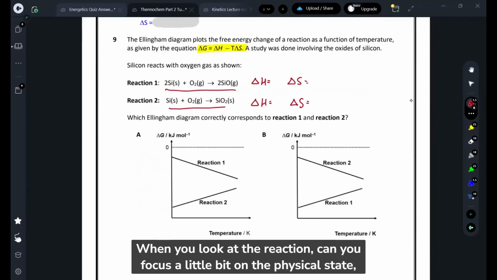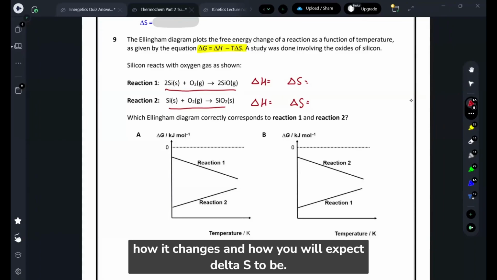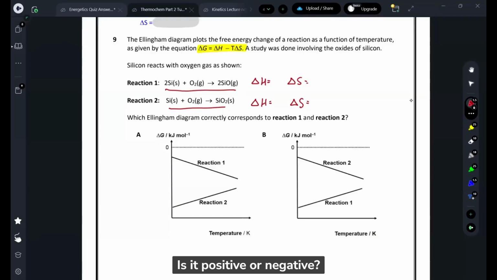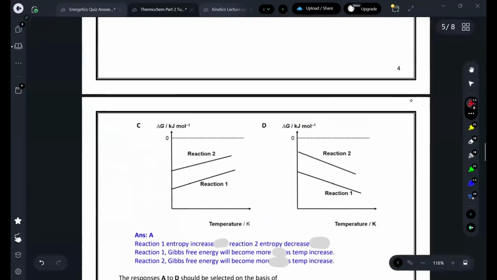Nice. When you look at the reaction, can you focus a little bit on the physical state, how it changes, and how you will expect delta S to be? Is it positive or negative? Think a little bit about this. Okay, this is a very good, thoughtful question.